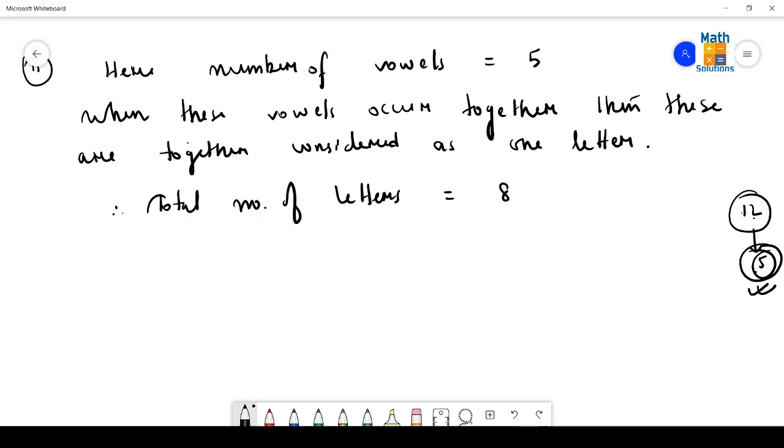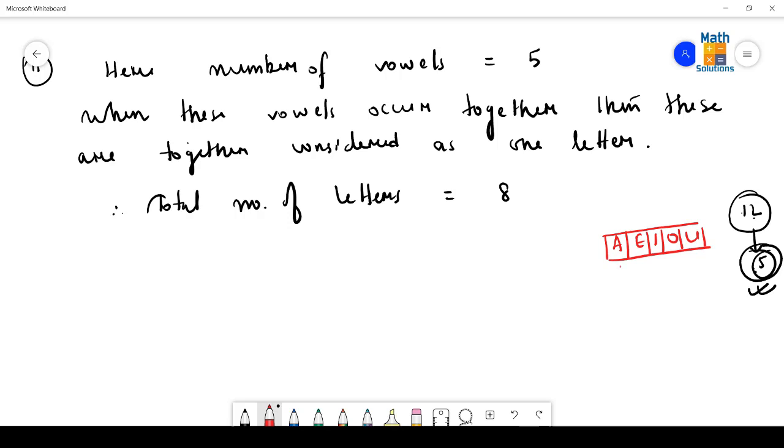Again, most importantly, these 5 vowels A, E, I, O, U, all these 5 vowels are occurring individually. I mean, there is no repetition of these letters.